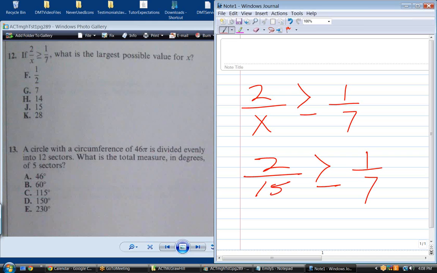That's 1/7.5. So is that greater than or equal to 1/7? It's less than as well. Okay. Next one, 14. Is that greater than or equal to 1/7? That is equal to. That's our answer.